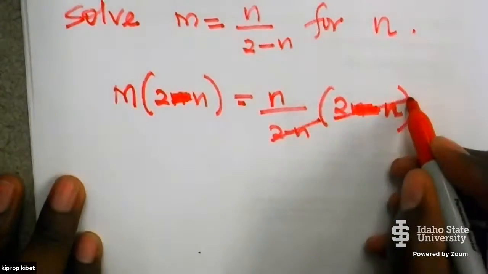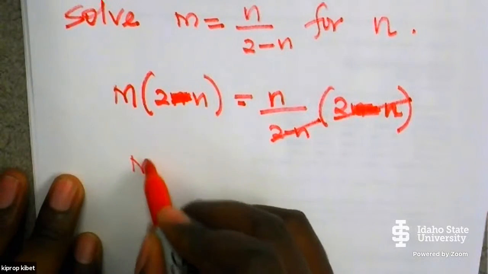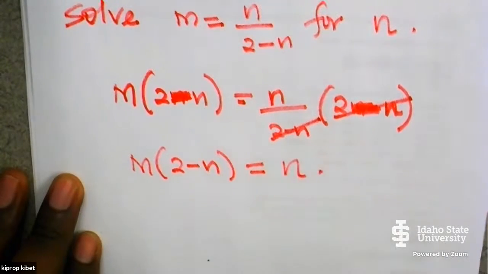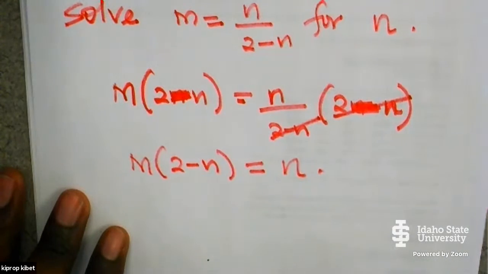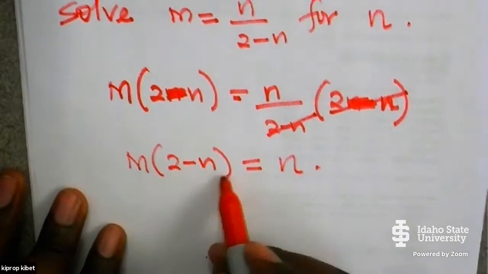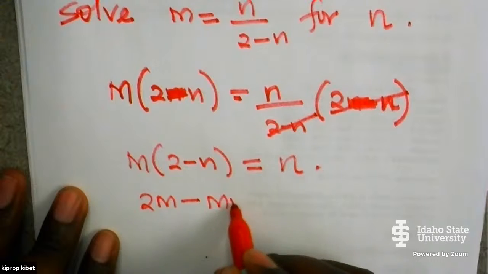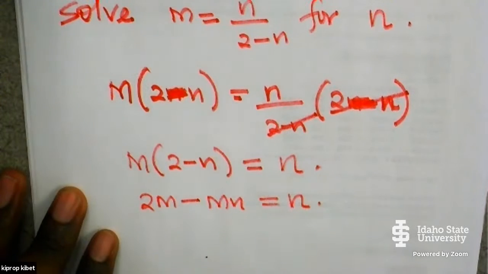So this and that will cancel. So you get m(2 minus n) equals what? Equals n. And then you open these brackets. So 2m minus what? mn equals n.